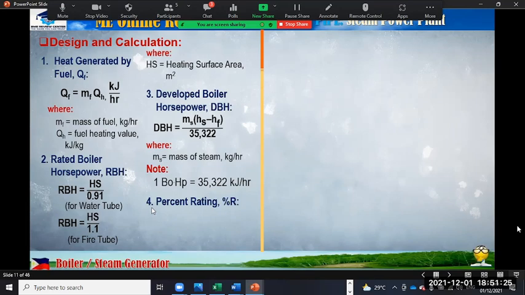Then the percent rating. Percent rating is basically the ratio between the developed boiler horsepower to that of the rated boiler horsepower. And of course, you multiply that one by 100. Then we have also such things as ASME evaporation. So ASME evaporation, or the evaporation unit, has an acronym which is AAU.